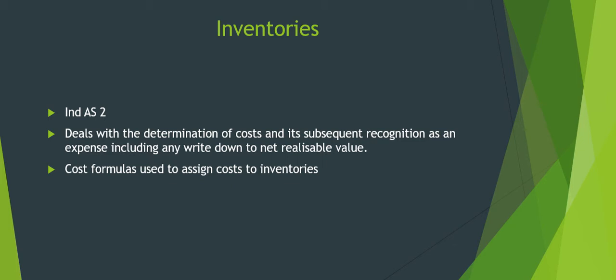Written down is nothing but the value of an asset writes down every year, which we term as the depreciation for the asset. Net realizable value is the value that an asset can be recognized at when it is sold. So it is kind of a current market price for the asset after deducting its expenses in the sale.